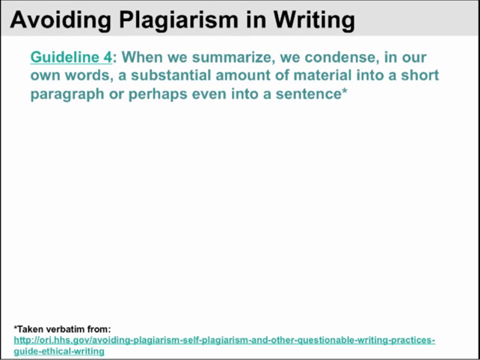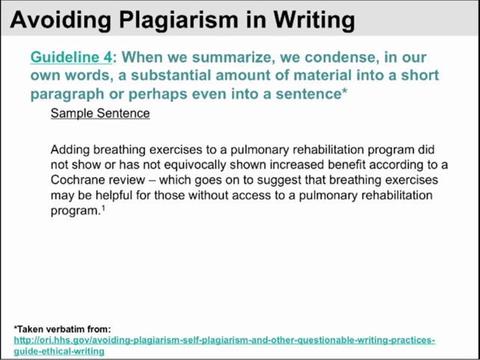Another way to avoid plagiarism in writing is to summarize. When we summarize, we condense in our own words a substantial amount of material into a short paragraph or perhaps even into a sentence. So, for example, in this sample sentence, we discuss information that we found in a Cochrane systematic review.